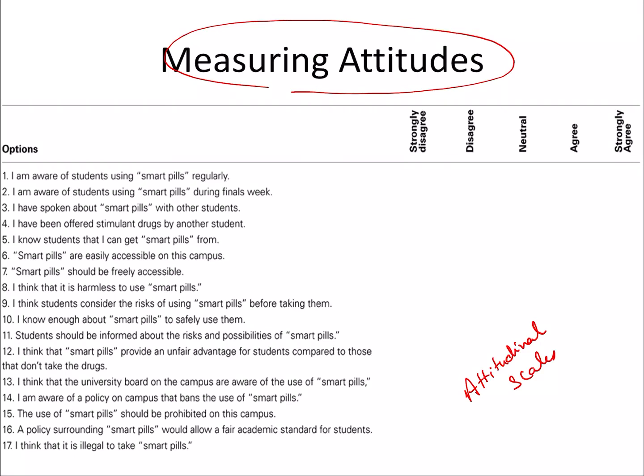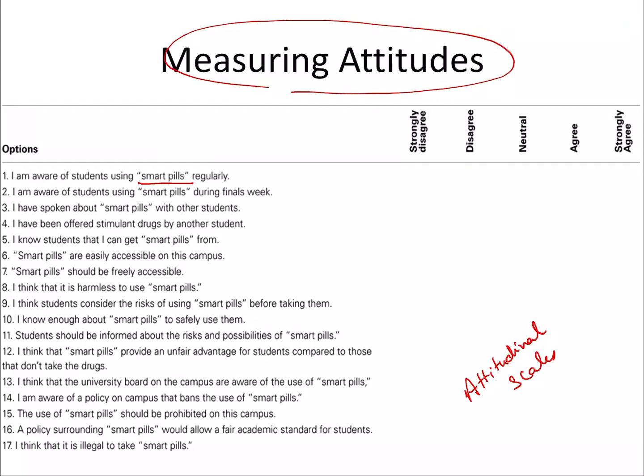So this is an example of an attitudinal survey that we created in class with students regarding what the attitude is concerning smart pills. There's also an attitudinal survey measuring sexism in your textbook.